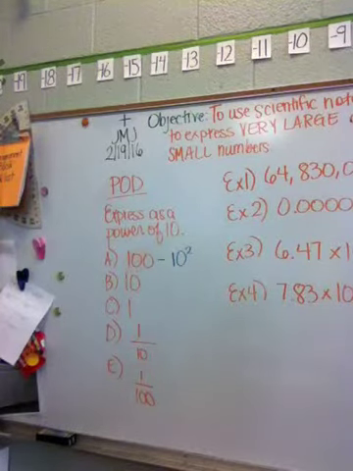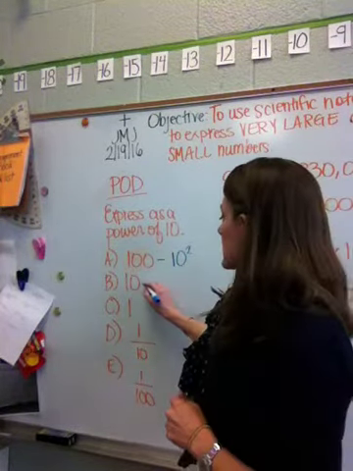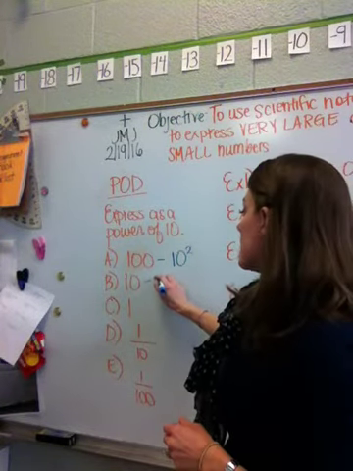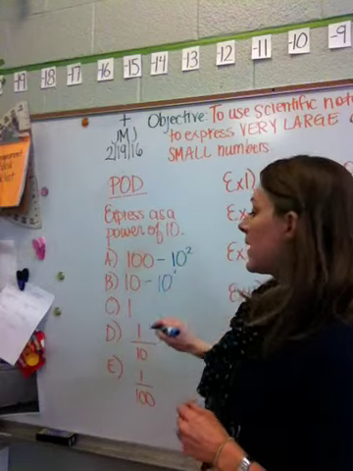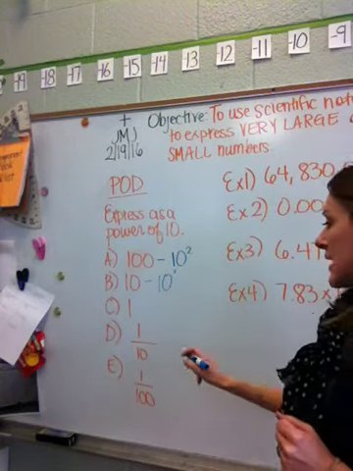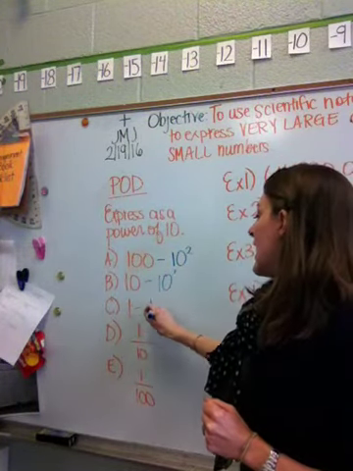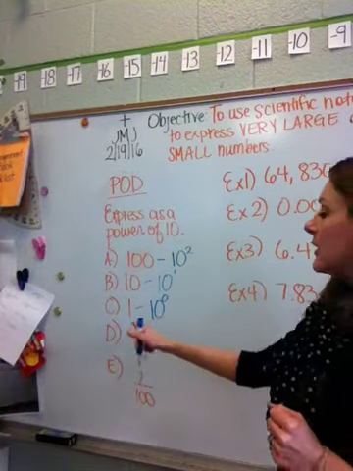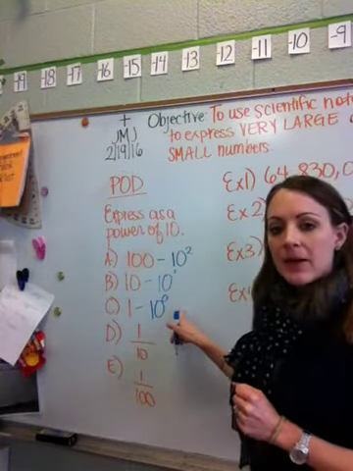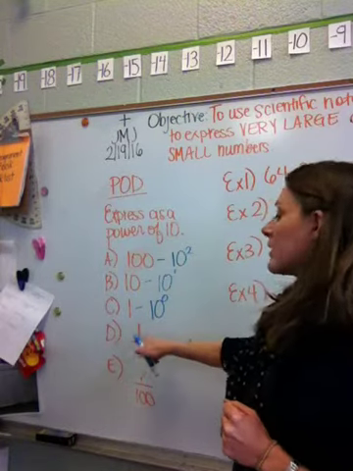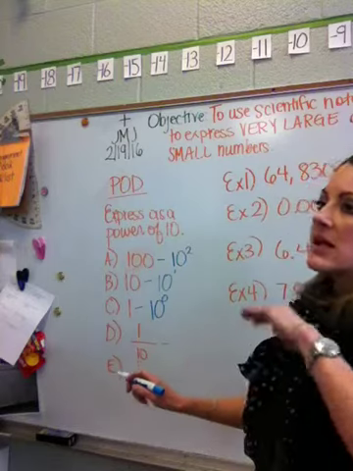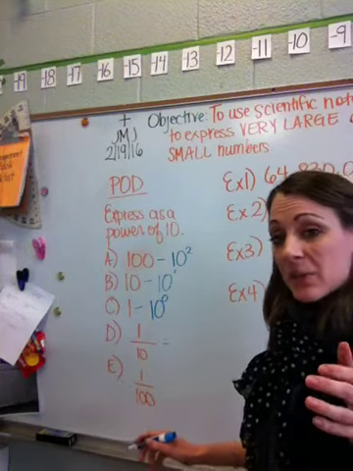All right, hopefully you paused the video. Let's go back and go through the answers. 10 to the first power is the same as 10. 10 to the 0 power is 1. Anything to the 0 power, remember, is 1. Down here at D and E, this is just like what we were doing with negative exponents.